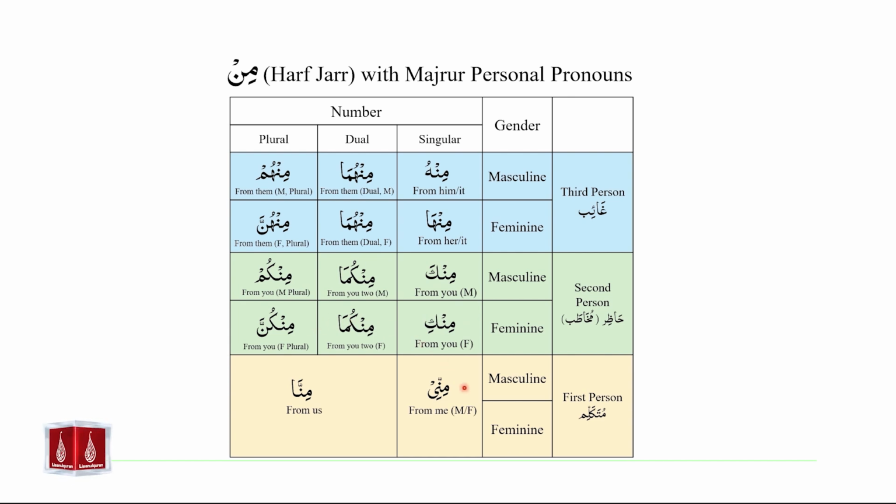This is similar to the example that we studied in the case of anni. Minna. Minna means from us. Minni can be translated to from me.